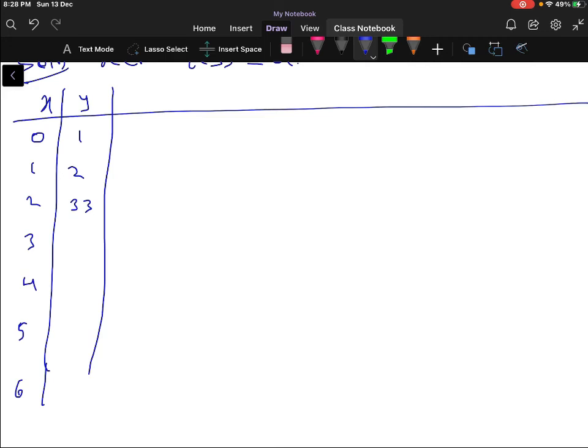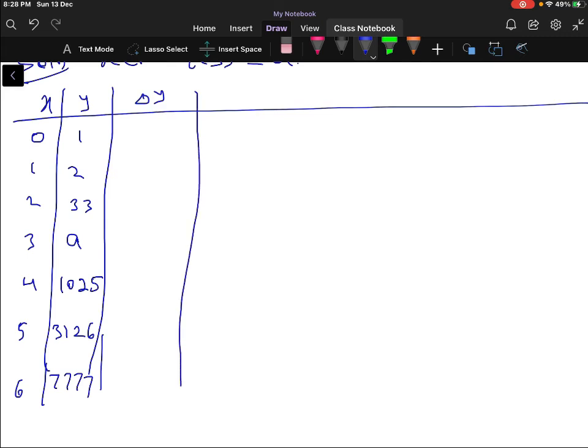So y at x equal to 3 is an error. Let us take a in its place. Y is 1025 at x equal to 4. Y is 3126 at x equal to 5. Y is 7777 at x equal to 6. Now let us find the first forward differences.